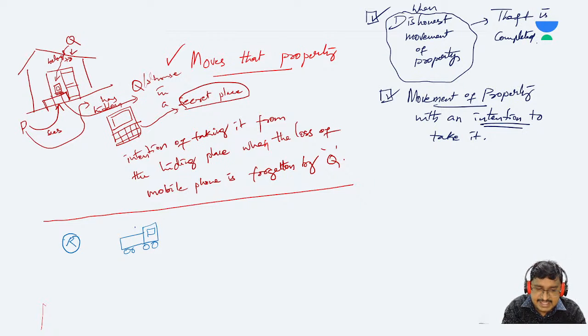The lorry is carrying a box of treasure. Now, Mr. R is driving the lorry in a certain direction, in order that he may dishonestly take the treasure.